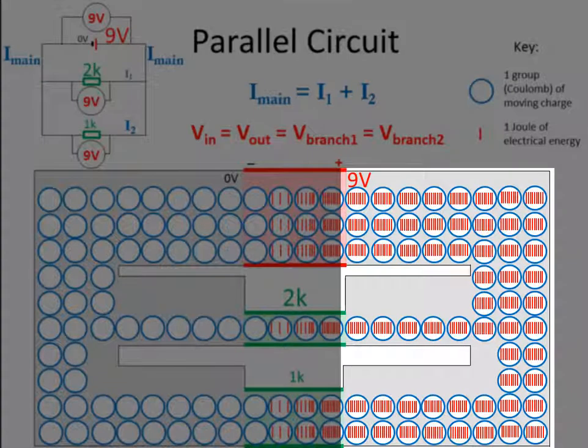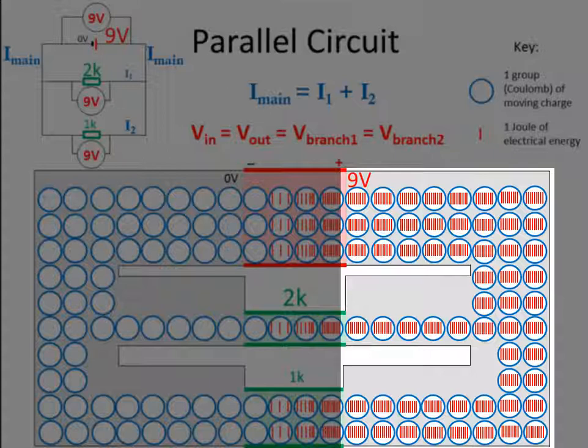So here we have good conductors all the way between the positive terminal and the start, we could say, of a resistor. So all these coulombs in this section here have not yet gone through a resistor, so they have not yet had any of their energy taken out of them. So they all still have 9 joules per coulomb.